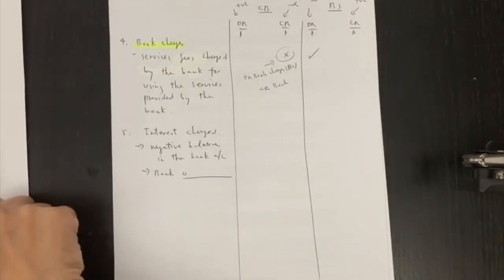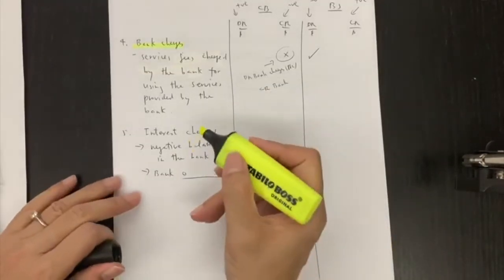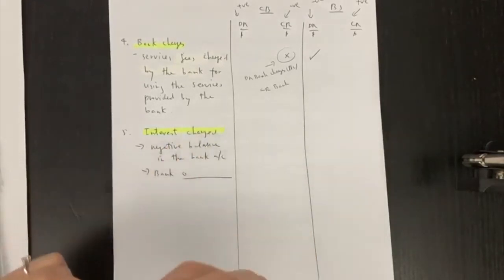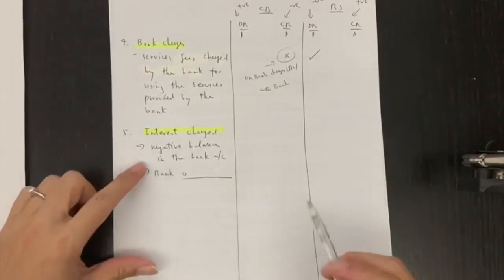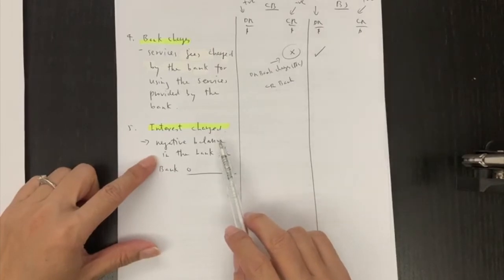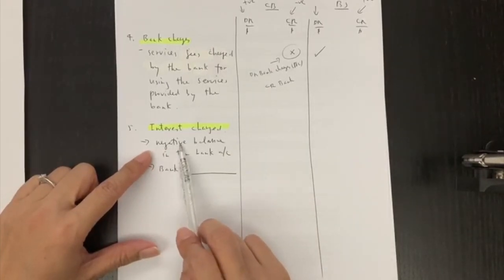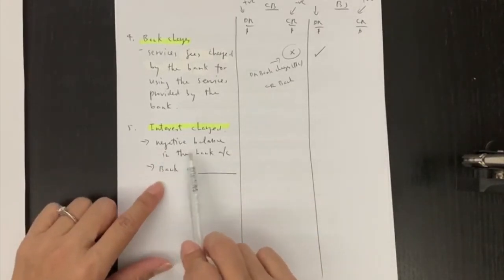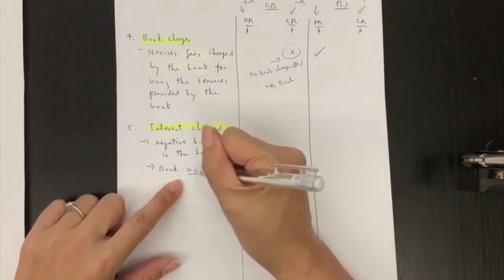Okay, number 5, also in this category, done in the bank statement but not yet done in the cash book. So under what situation do we have to pay interest? When we have a negative balance in the bank account, remember what a negative balance is, which is called the bank overdraft.